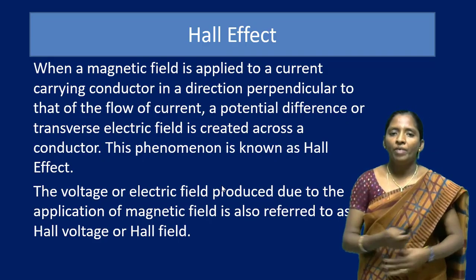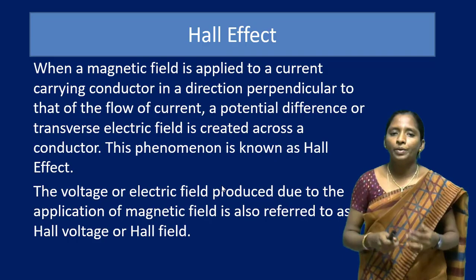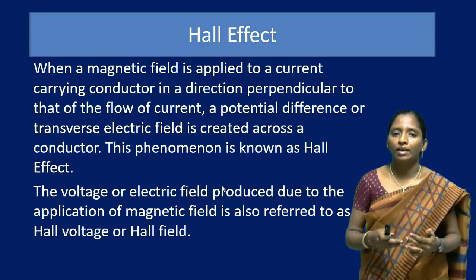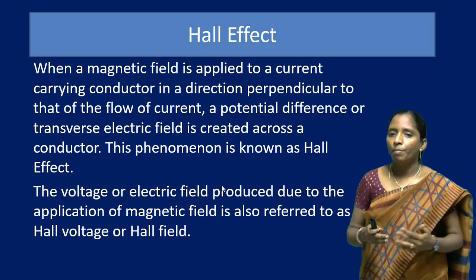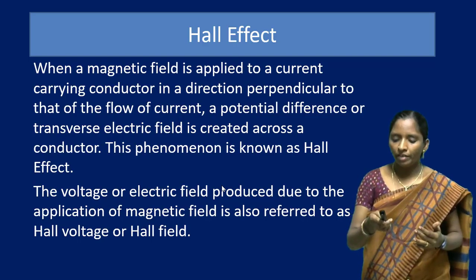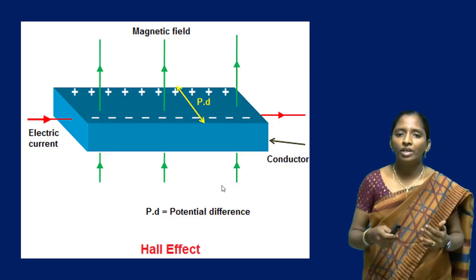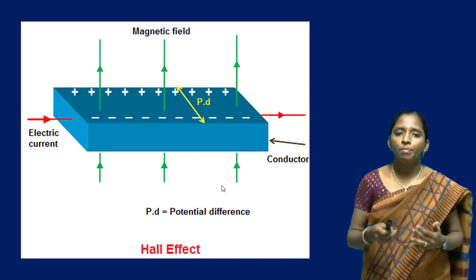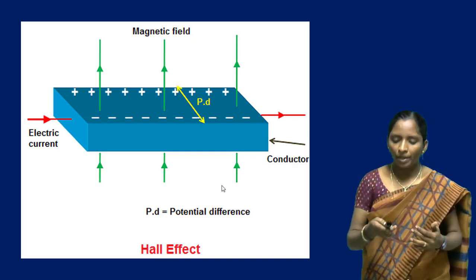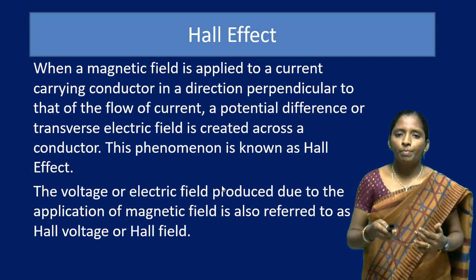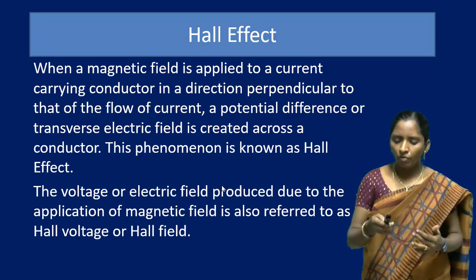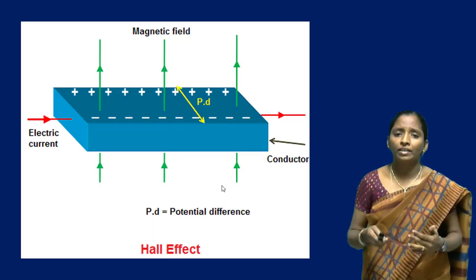Hall effect. When a magnetic field is applied to a current carrying conductor in a direction perpendicular to the flow of current, look at the figure first. So here a magnetic field is applied in a direction perpendicular to the current carrying conductor.